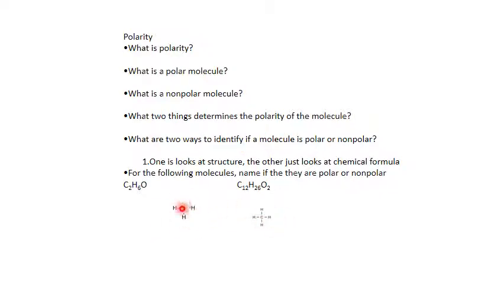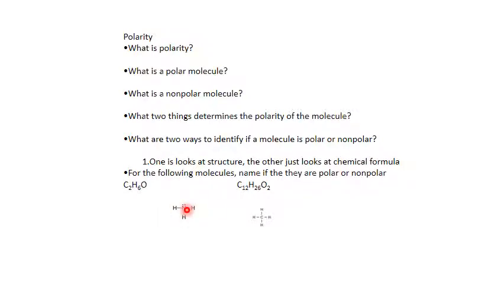If it has different things attached to it, like in this case, it's polar, and if it has the same things attached, then it's nonpolar. All right. So a thing can include an atom or a lone pair. It looks like it has the same things attached to it, but it really doesn't. The center atom has a lone pair attached as well as H, so that's a way to identify if it's polar.